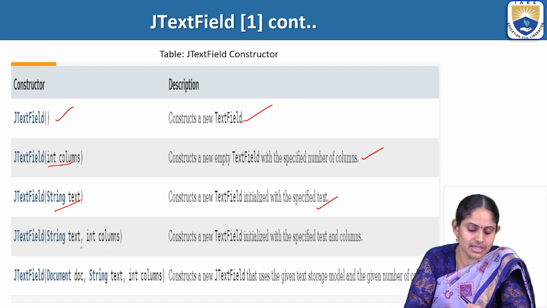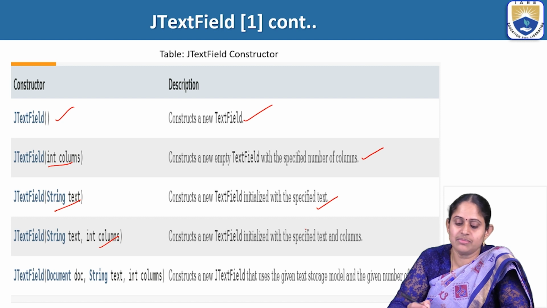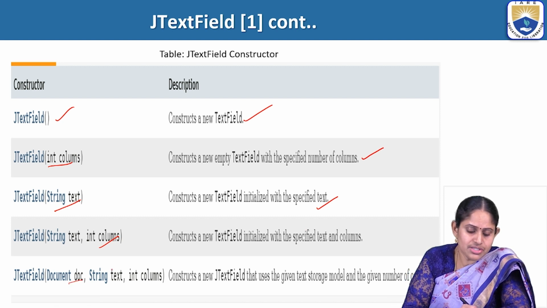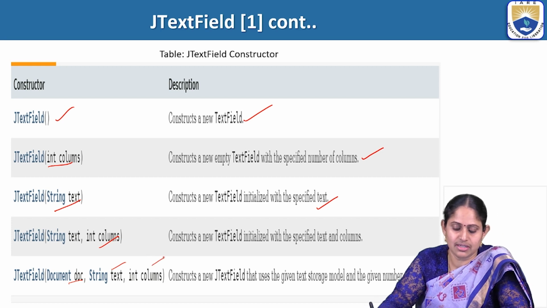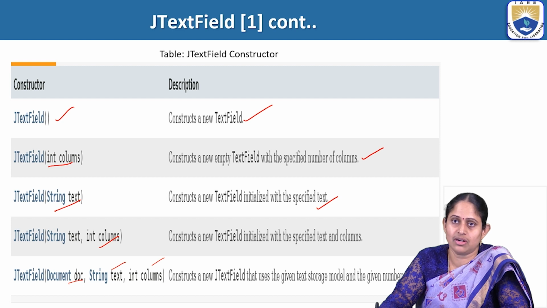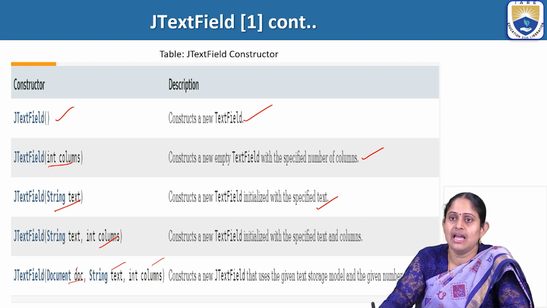The JTextField with string text and int columns constructs a text field with the specified number of columns and the text displayed on it. JTextField with doc, string text and int columns constructs a new text field that uses the text storage model in that document and with the given number of columns.